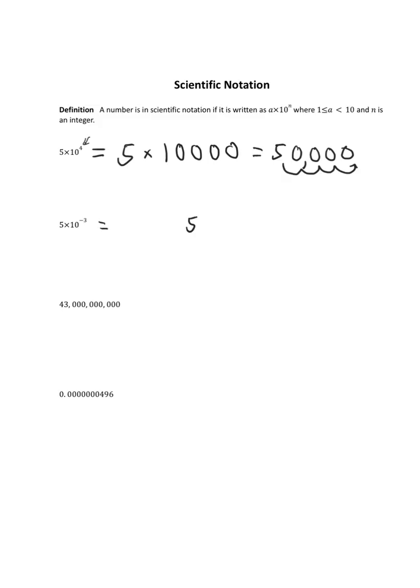So I have a 5, and then the decimal point would be like 5.0, but this time the decimal would move to the left, 1, 2, 3 places to the left, and then fill in those gaps. So notice here it's not 3 zeros, it's 3 places, one of which covers the 5, and then 2 more get filled in as zeros.